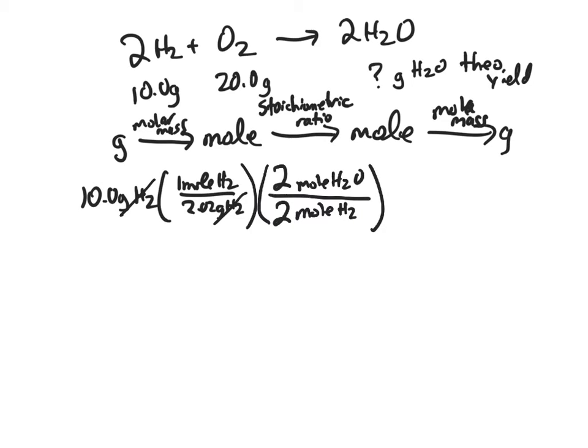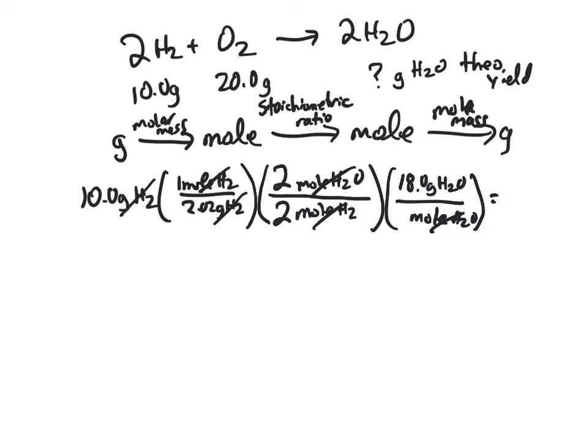Looks like a redundant step since the 2's cancel out, but it's important to put that stoichiometric ratio in there. We want our units to cancel out. We want to make sure we're doing this correctly. So moles H2 cancels. And now we want to come up with our mass of water. So when we cancel out moles water, 1 mole of water is the same as 18.0 grams of water.